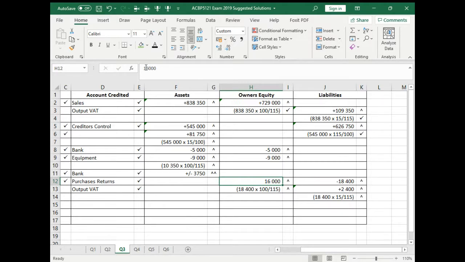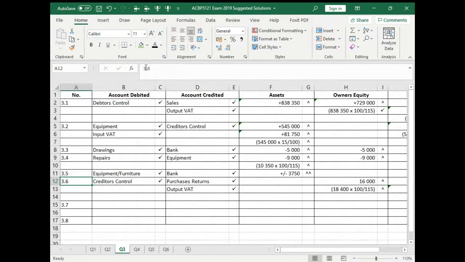The owner's equity is positive, and then the liabilities is a negative 18,400 as well as a positive 2,400, which is a negative net 16,000. Purchase returns will increase your owner's equity because it's actually an income as opposed to an expense. Okay, so that is transaction 3.6.